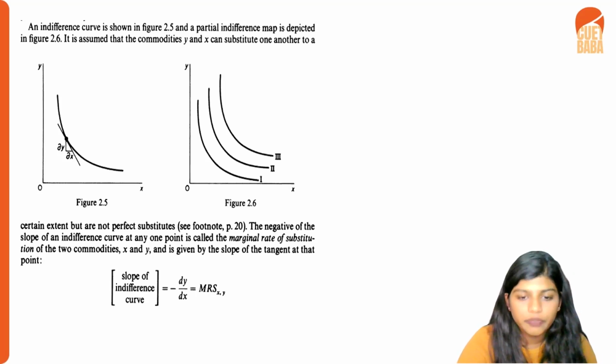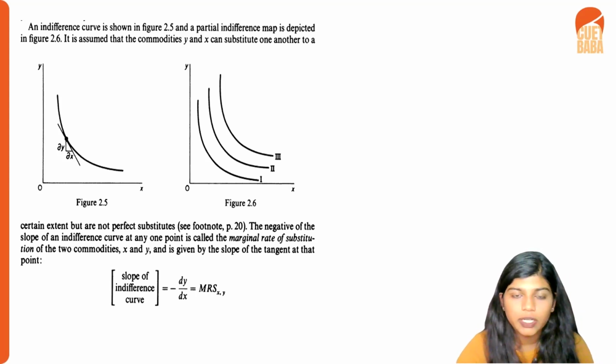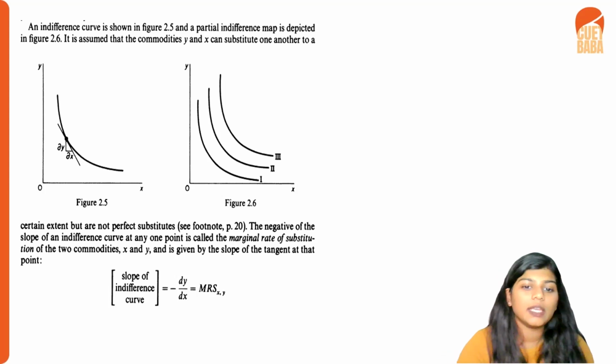That shows the slope of the indifference curve. So how much reduction is there in commodity Y, based on which we are gaining in commodity X.